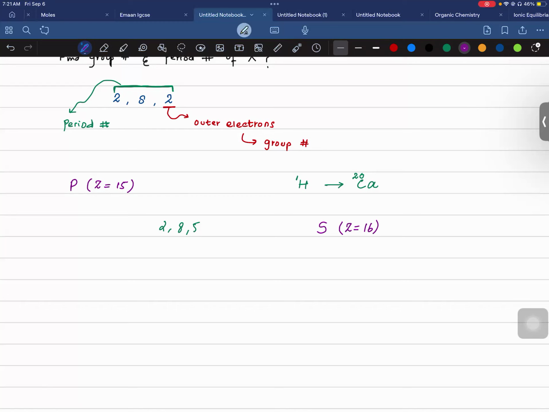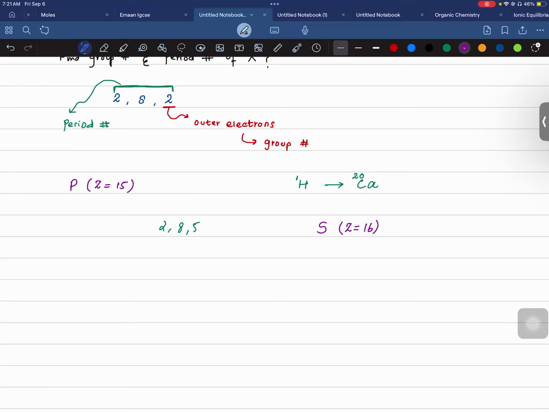So the group number and period number for phosphorus will be: the group will be 15 and the period should be 3.